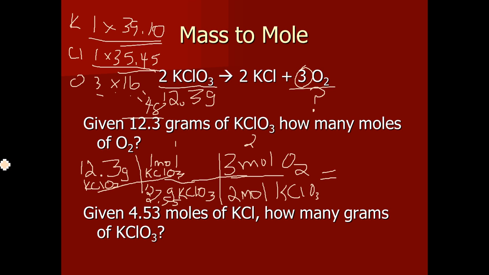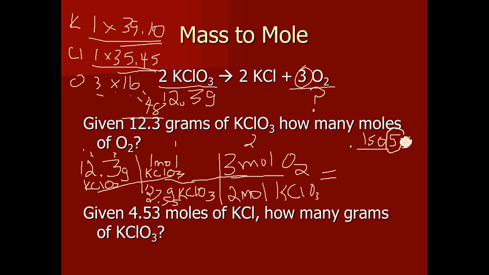All right, so now we take 12.3 times 1 times 3 divided by 122.55, divided again by 2. In your calculator, you should get 0.15055. But since we started with 1, 2, 3 sig figs, I have to have 1, 2, 3 sig figs.